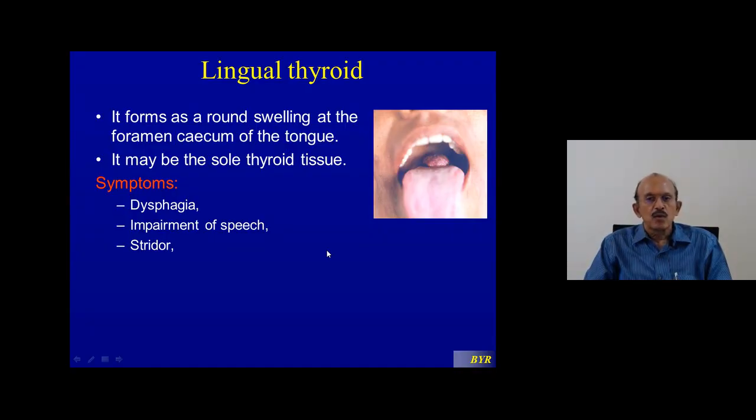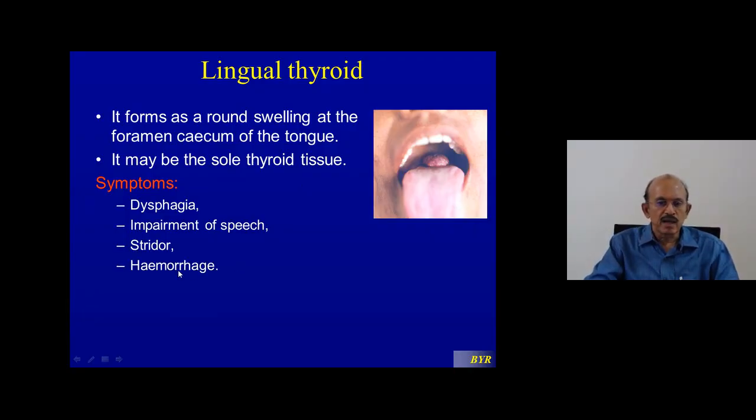Whenever there is a block in the bronchioles or smaller bronchial passages, there will be noisy breathing. That's called the wheeze. So stridor means there is inspiratory obstruction.